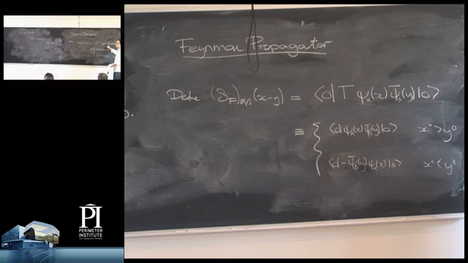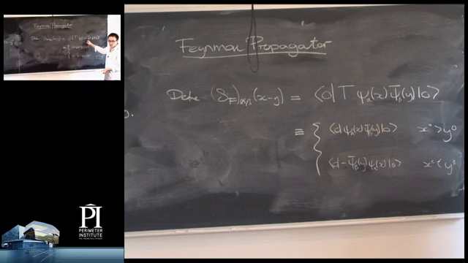In some sense, you could think of it as just a definition. The real question is why it's the useful definition. And it will prove to be the useful definition when we do Feynman diagrams and Wick's theorem. So they don't commute in the time ordering anymore.